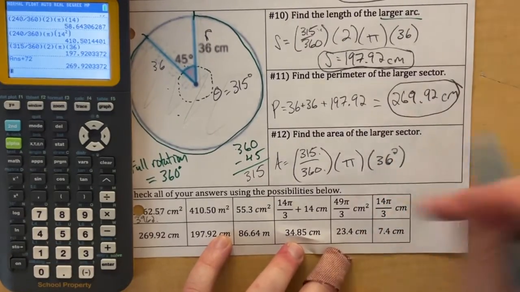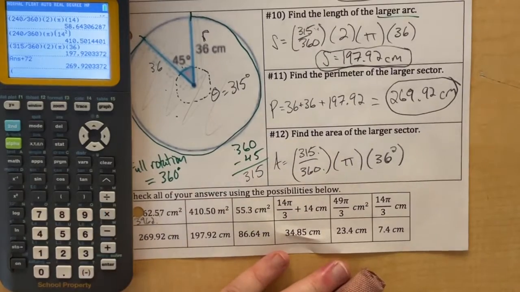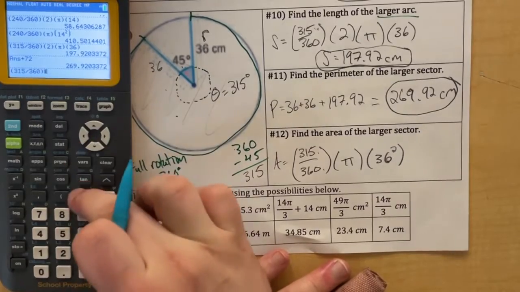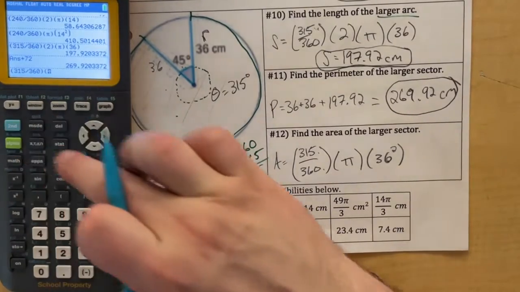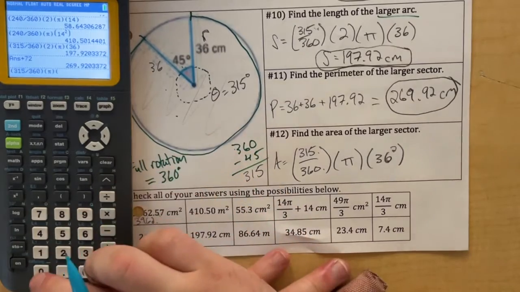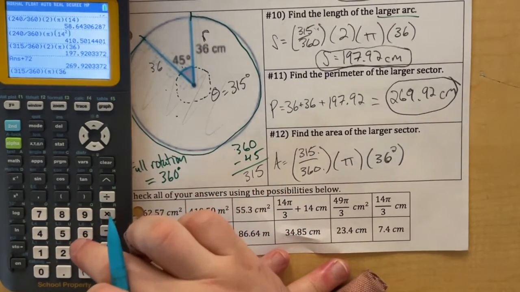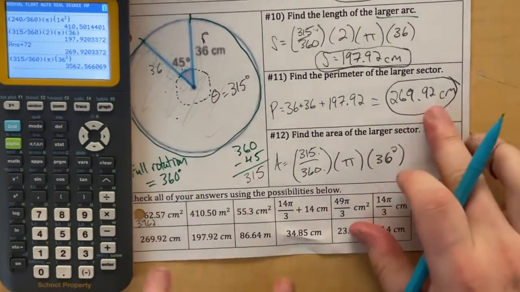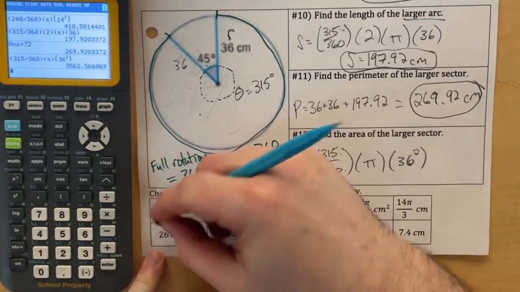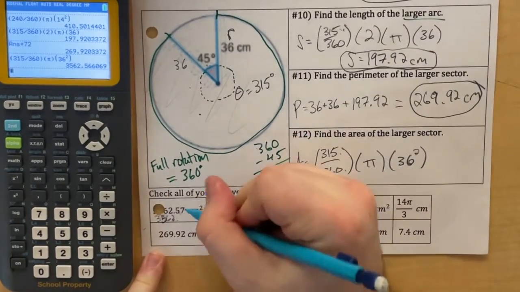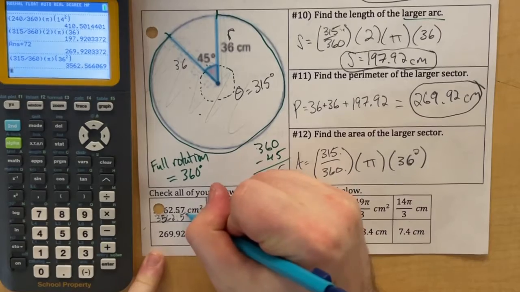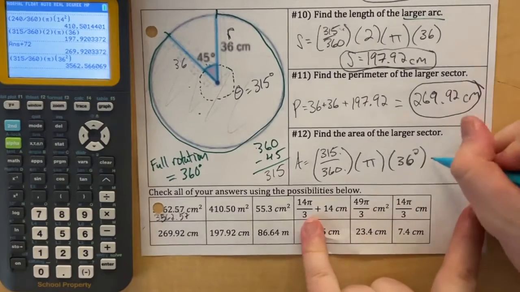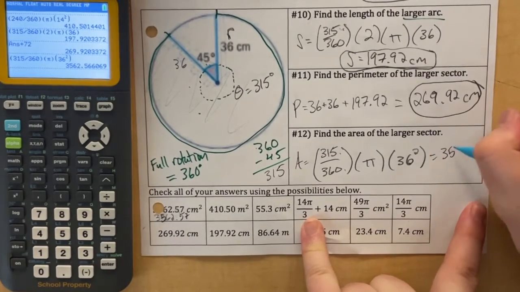So let's have 315 divided by 360 times pi times 36 to the exponent 2. Make sure you type it in. So this is 3,562.57 centimeters squared, the area of that circle.